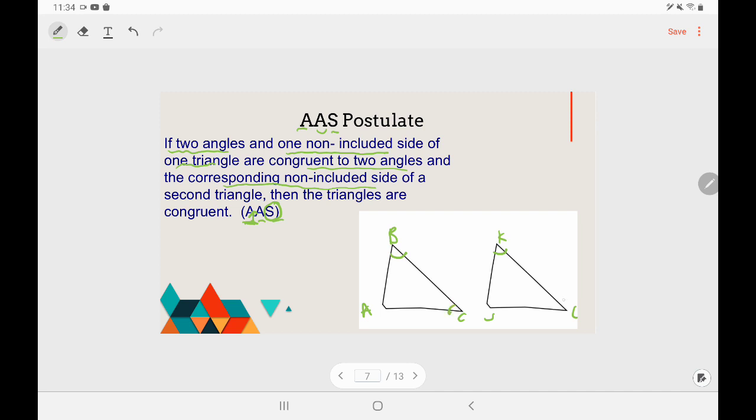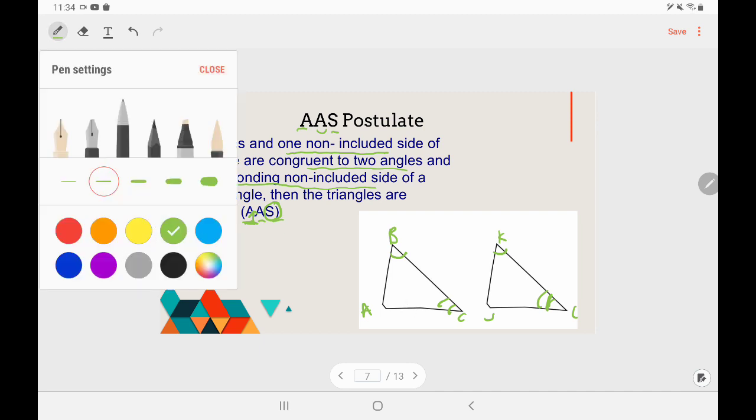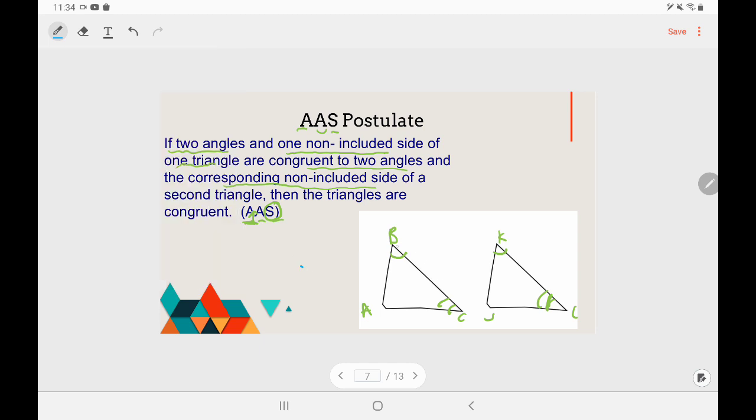Angle C is congruent to angle L, and we'll mark it with 2 arcs to show that those two are congruent. My side needs to be not included, so my included side would be between B and C, so AC is not included, and JL is not included. Now notice these are corresponding, meaning they're in between the two angles that correspond together.